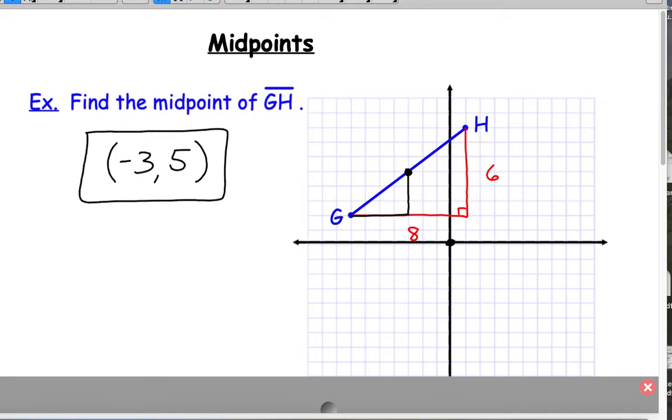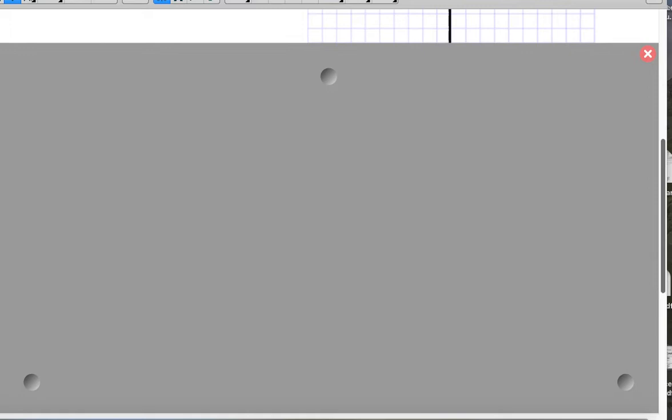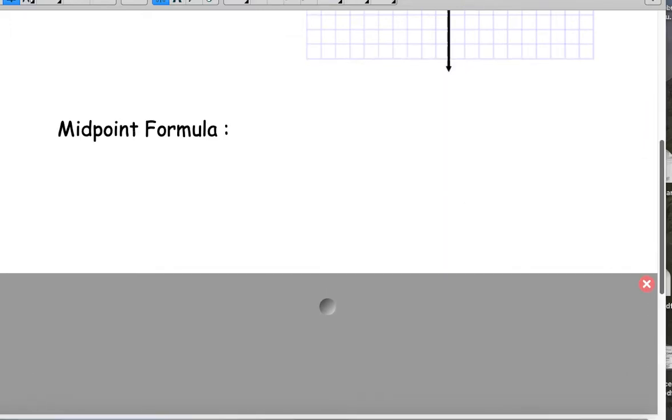Easy enough. Now, what if we don't have a graph? Well, then we have a formula we can use called the midpoint formula. Same idea here. Let's say our 2 points are x sub 1, y sub 1, and x sub 2, y sub 2. Our midpoint formula is going to be the average.